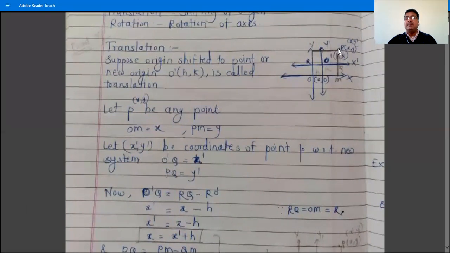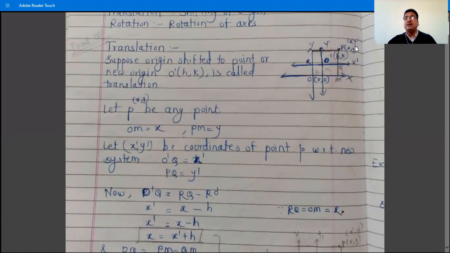If we draw a perpendicular on the x axis and a perpendicular on the y axis, then this distance PM is y, and this distance OM is x. That is how we write the coordinates of the point: draw the perpendicular on the x axis, and this distance is called the y coordinate of that point.